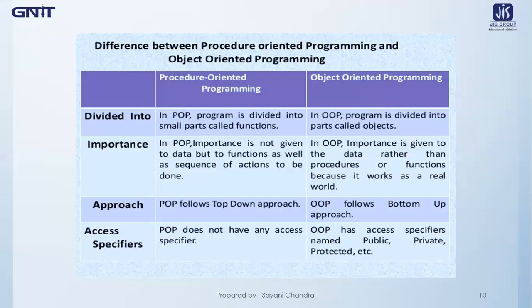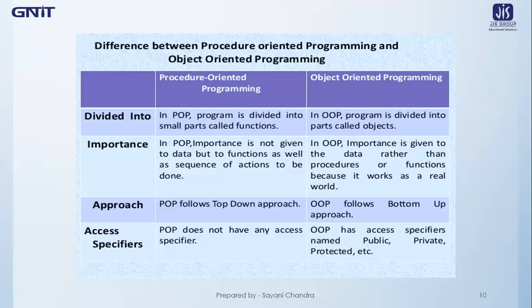So that's why we can say that POP is less secure compared to OOP, because POP does not have any proper way of hiding data, but OOP has a proper way of hiding data by using access specifiers. That means object-oriented programming languages give more security.